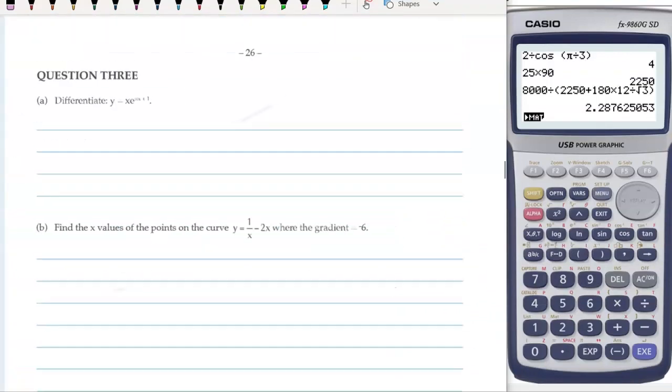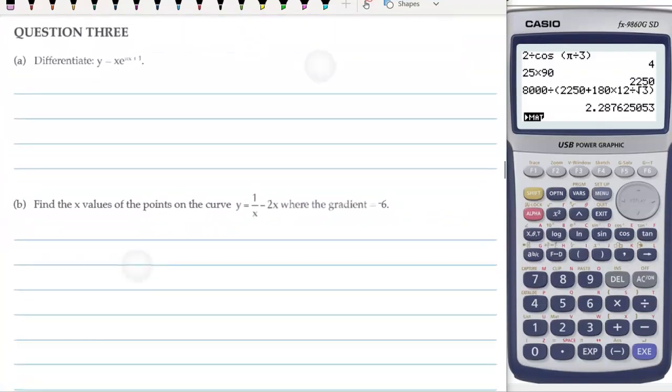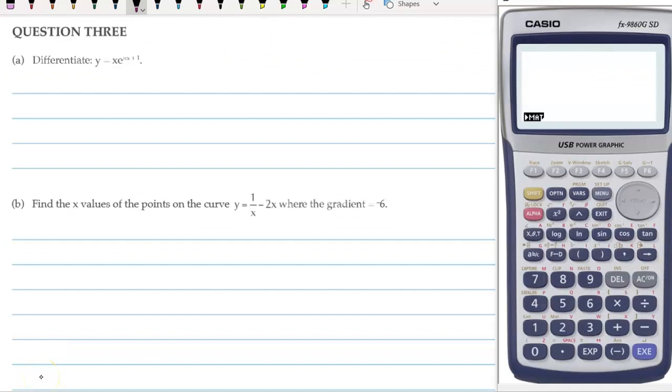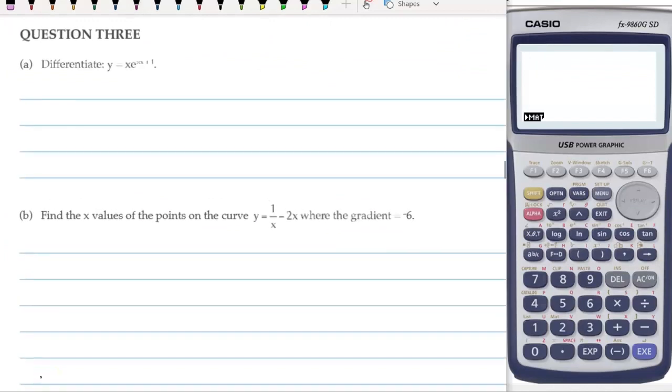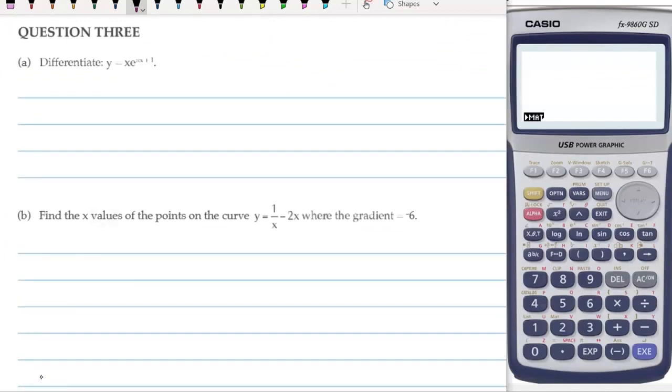Okay, on to question 3. This one's a little hard to see on the digital printout here. That says x e to the pi x plus 1. So if we differentiate dy by dx, we're going to use the product rule here. We've got one piece times by another piece.